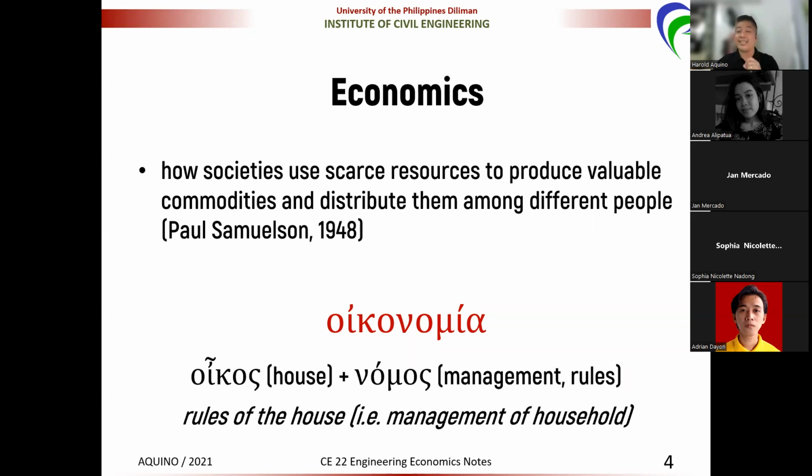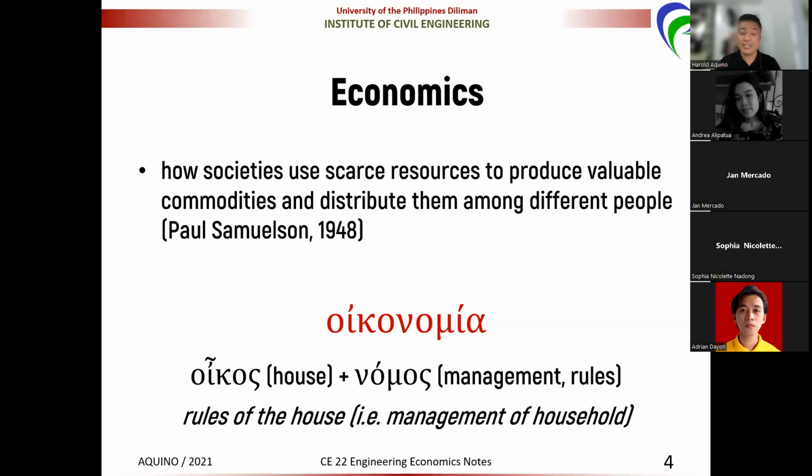Basically, it comes from the idea that if we have a home and a finite set of resources, we have to manage how much resources would go into food, into paying bills, into other needs like shelter, power, or education. And if we look at the broader context, economics is not only at the scale of the household.